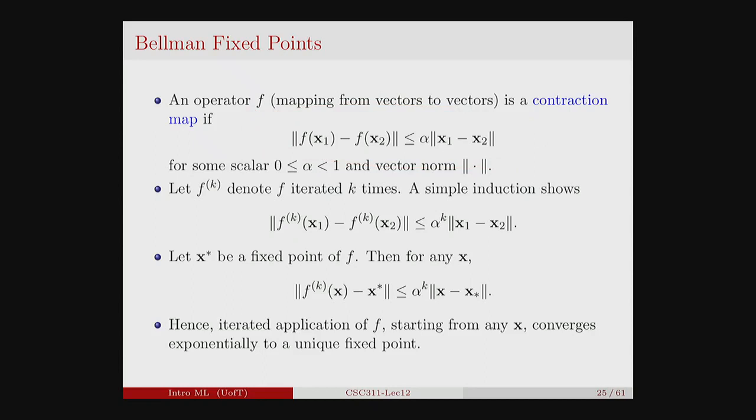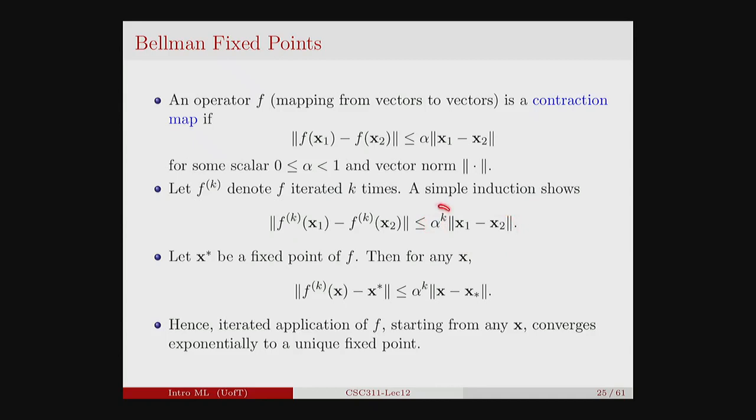And you can see here that if a function satisfies a Lipschitz condition and you iterate that function over and over again, which is to say you apply that function multiple times to the same point, then you can bound the norm of the difference between the repeated application of that function to any two points in your space as alpha to the k times the norm of the distance between those two points.